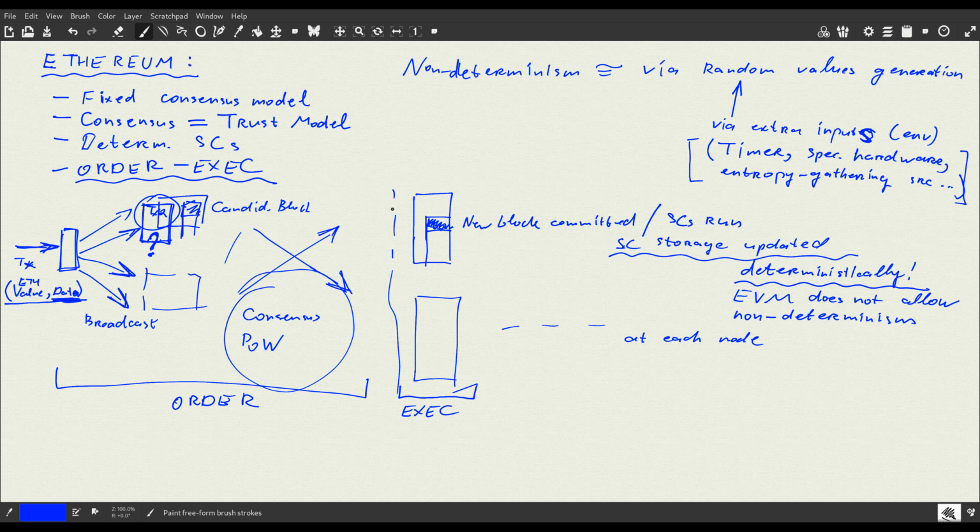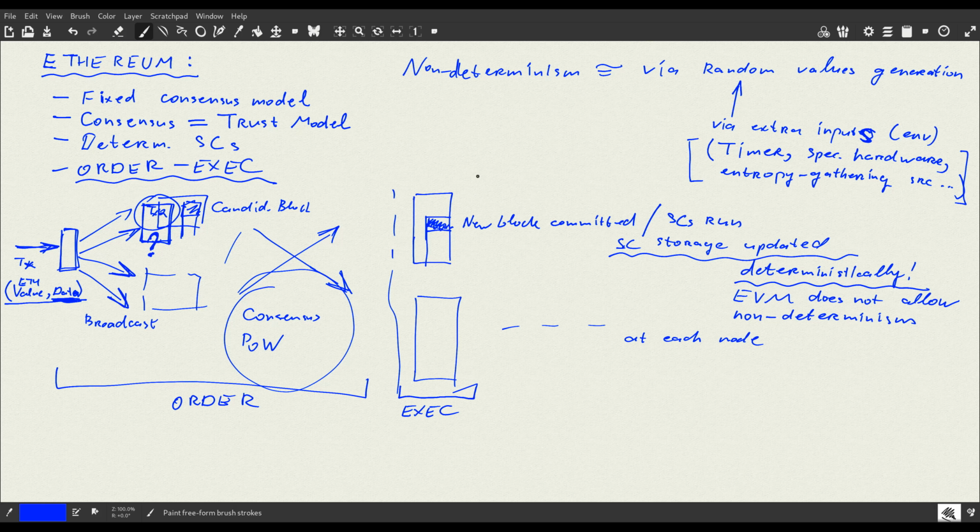If, however, you execute smart contracts first, and then you perform consensus not on inputs, but let's say outputs of your smart contract execution, then it would at least theoretically become possible. Whether it is a good idea or not, it is a different question, but theoretically it would become possible.